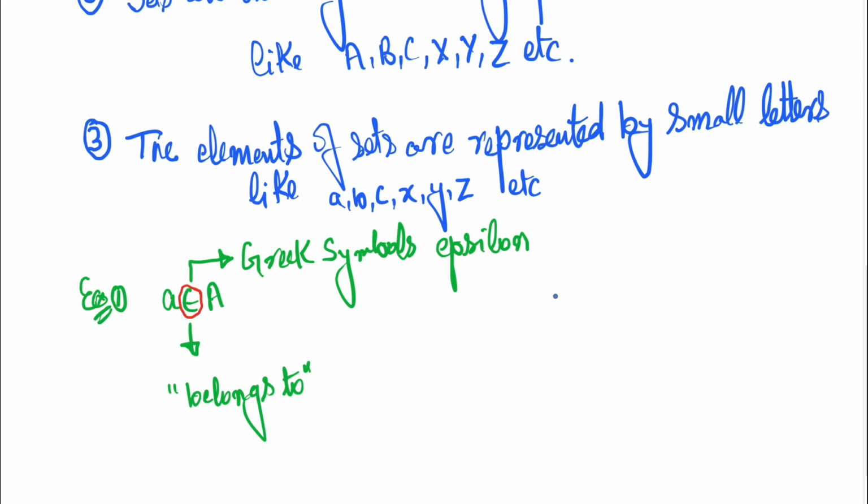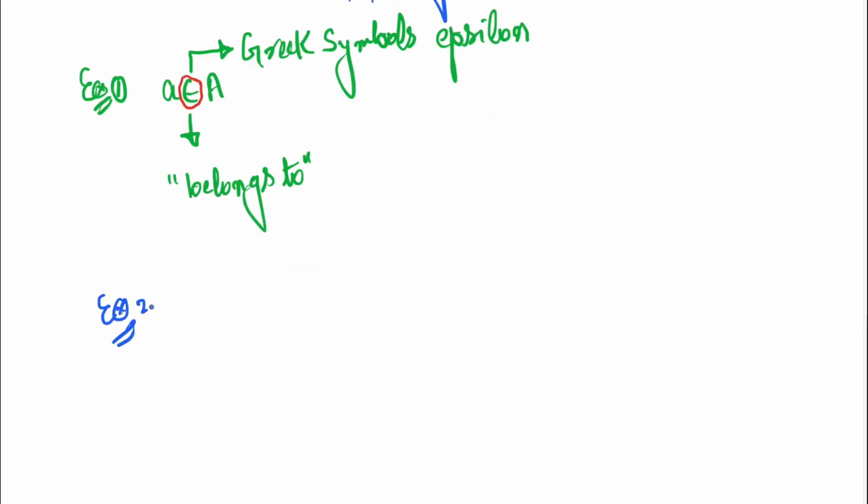Second example: a doesn't belong to A. Here the epsilon which is crossed out is the symbol for "doesn't belong to".